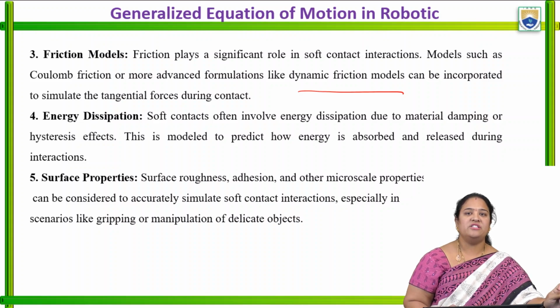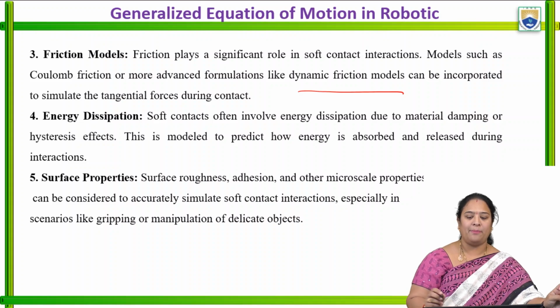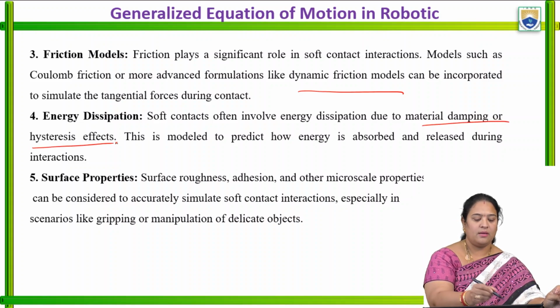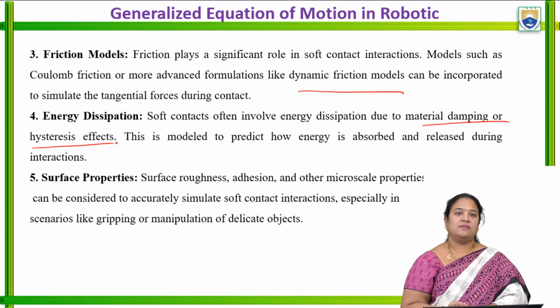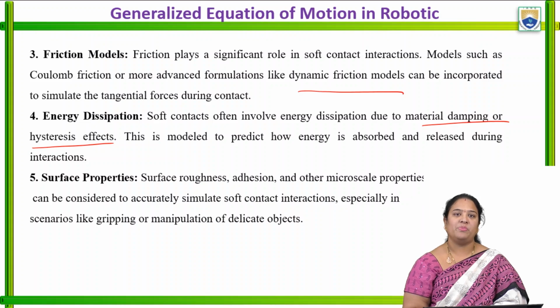Energy dissipation involves dissipation due to material damping effects. When we have any sort of material damping, this energy dissipation is involved in soft contacts. When there is energy absorption or release during the interaction, the energy dissipation comes into account.